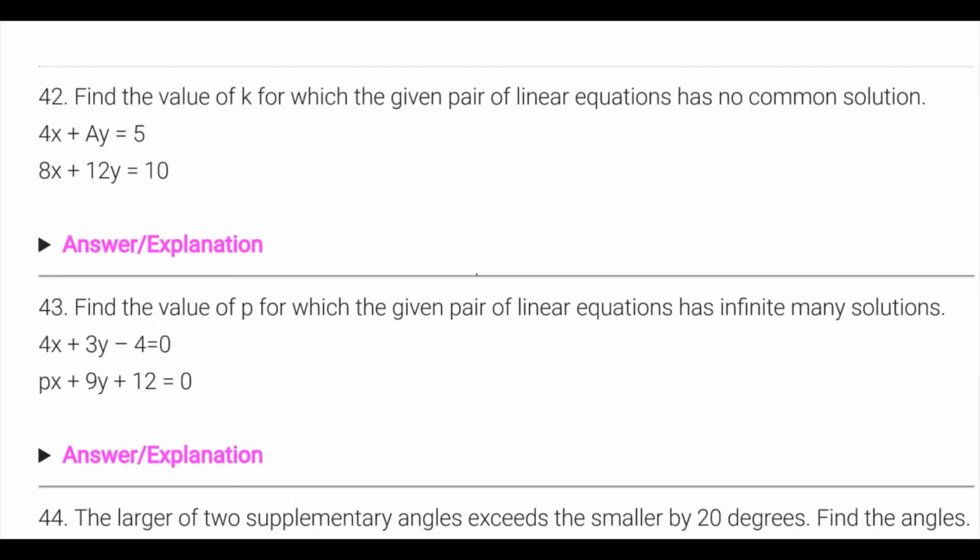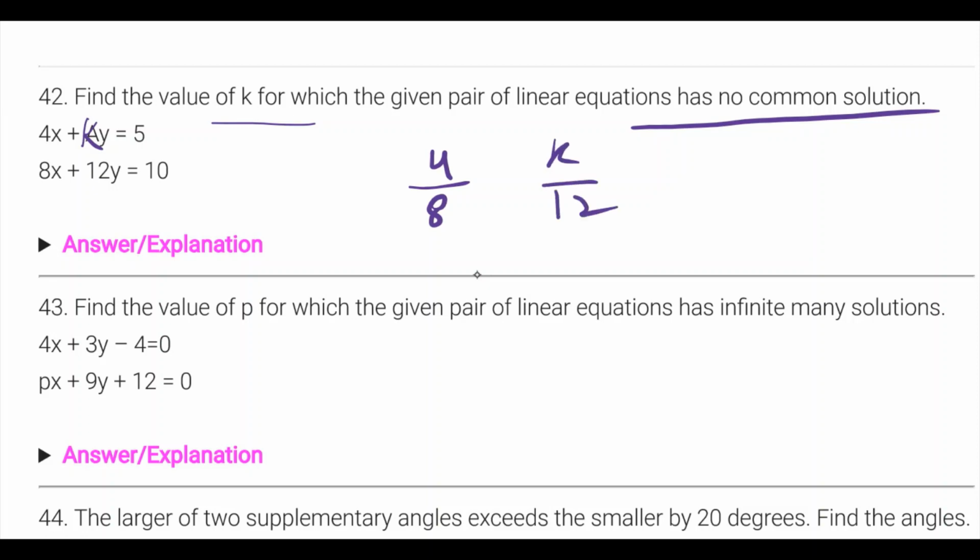Next, 42nd. Find the value of k for which the given pair of linear equations has no common solution. I think this is k. So the ratios are 4 by 8, k by 12 and 5 by 10. The meaning of no common solution is no solution.